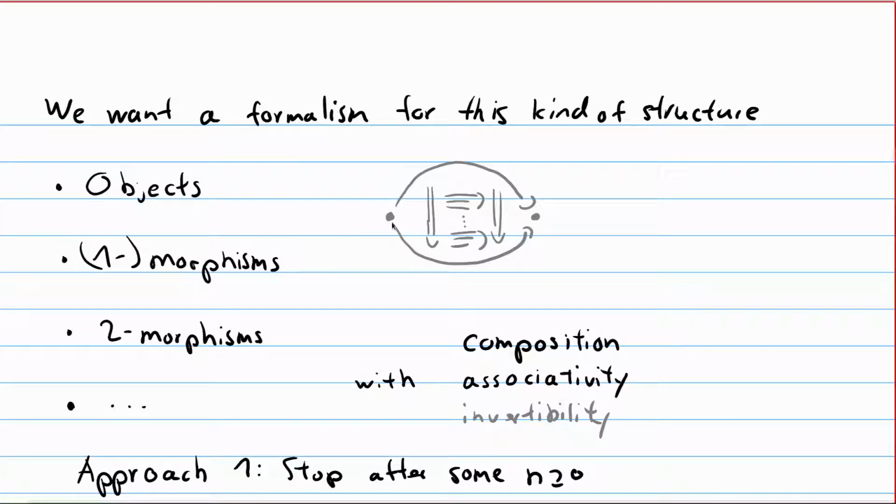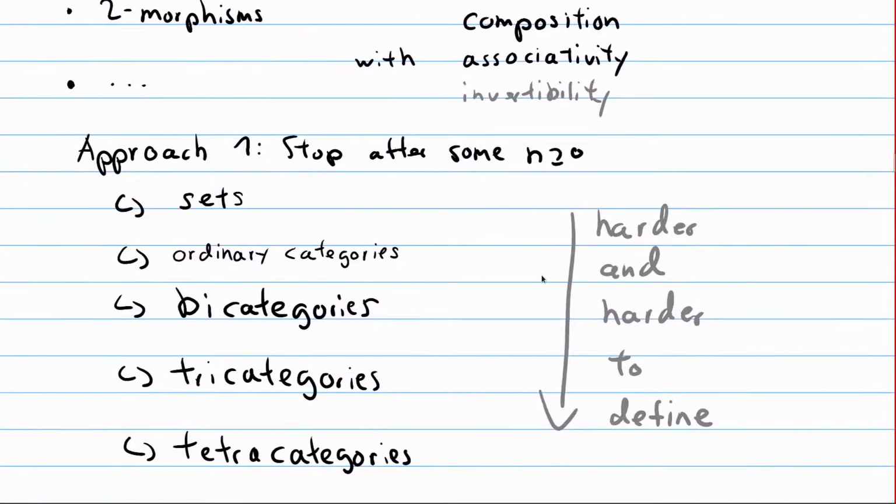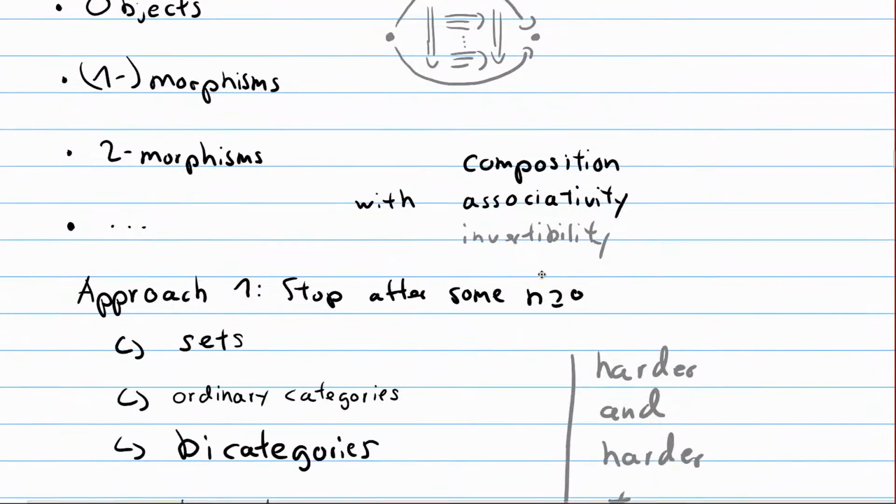One thing we could do is start with objects and one-morphisms and two-morphisms and go up and up until some fixed n, and then stop there and say there are no morphisms higher than n-morphisms. For example, if we stop at n equals 0, so if we just have objects, we get sets.